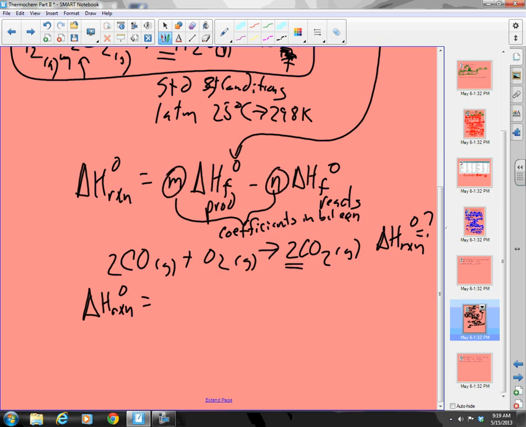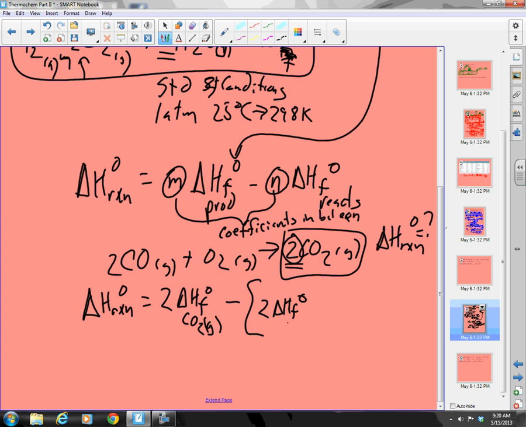Good. So here's my product. I'm going to take my standard heat of formation of CO2 gas, and I take that coefficient and place it in front here. Good. Then I'm going to subtract my reactants, and I have 2 times the standard heat of formation of CO gas plus 1 times the standard heat of formation of my oxygen gas.